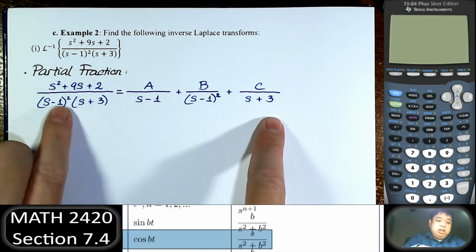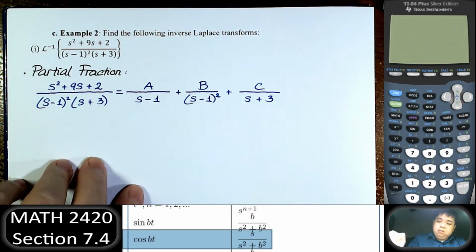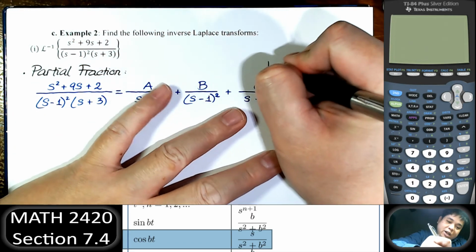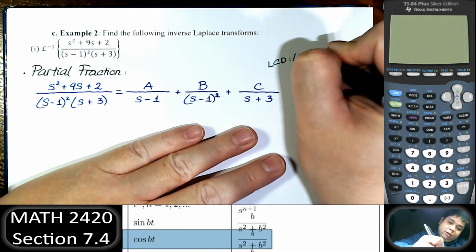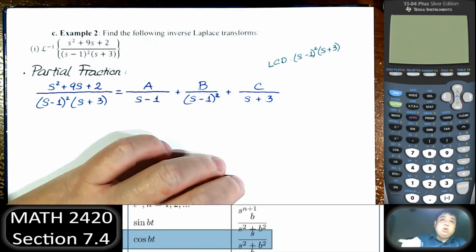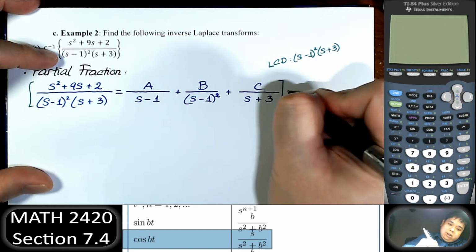Multiply by the common denominator on both sides, and simplify. So the least common denominator will be (s minus 1) squared (s plus 3). So I multiply both sides by that.